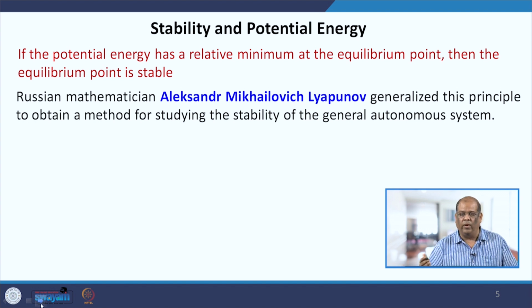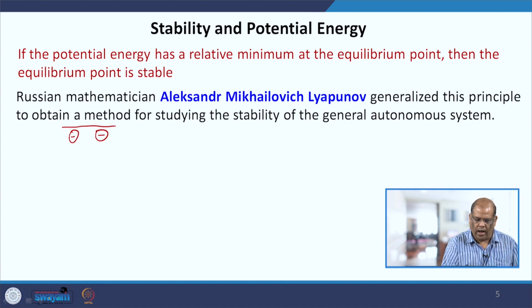So, let us check what is the relation between the stability and this potential energy. How, when potential energy decreases, do you get more stability? This can be explained by this example which I saw on YouTube, and it goes like this. You consider 2 electrons, and I put them in a vacuum.